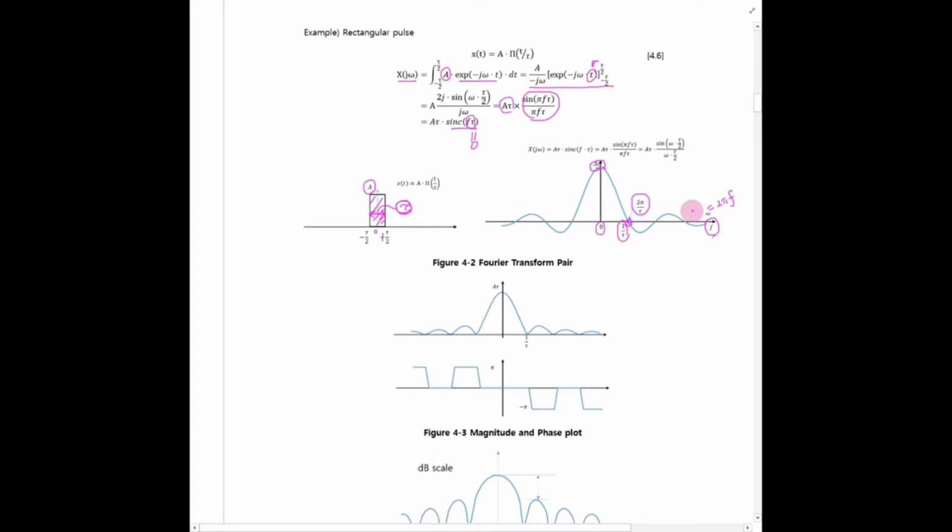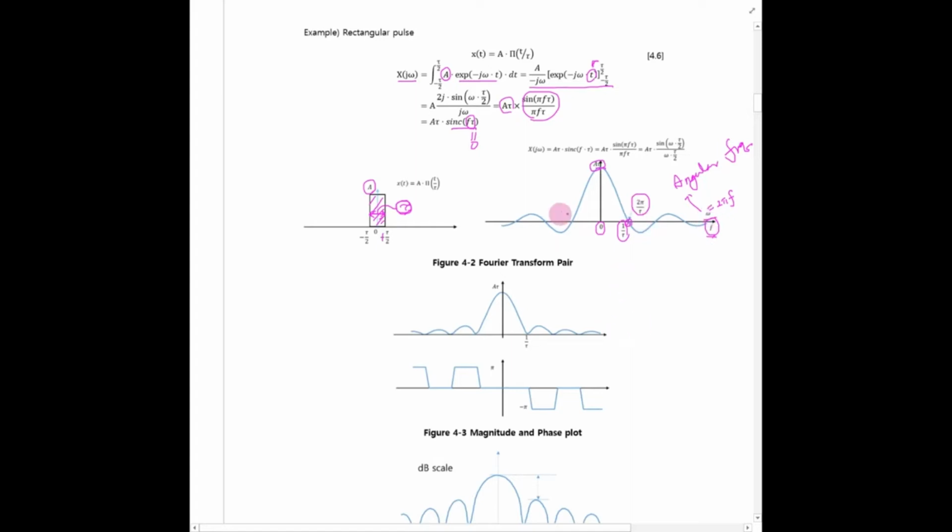We call omega the angular frequency, but f is just the frequency. In the spectral domain, we can refer to f or the angular frequency, whatever.